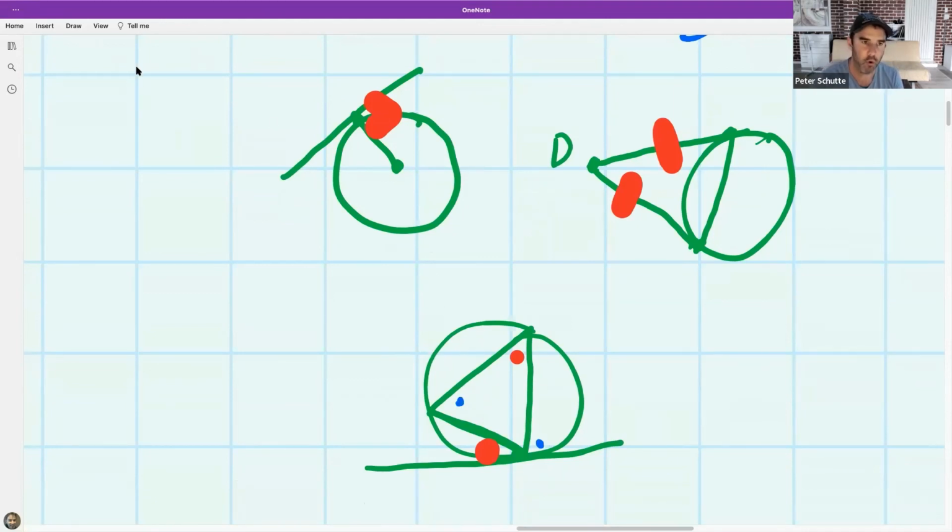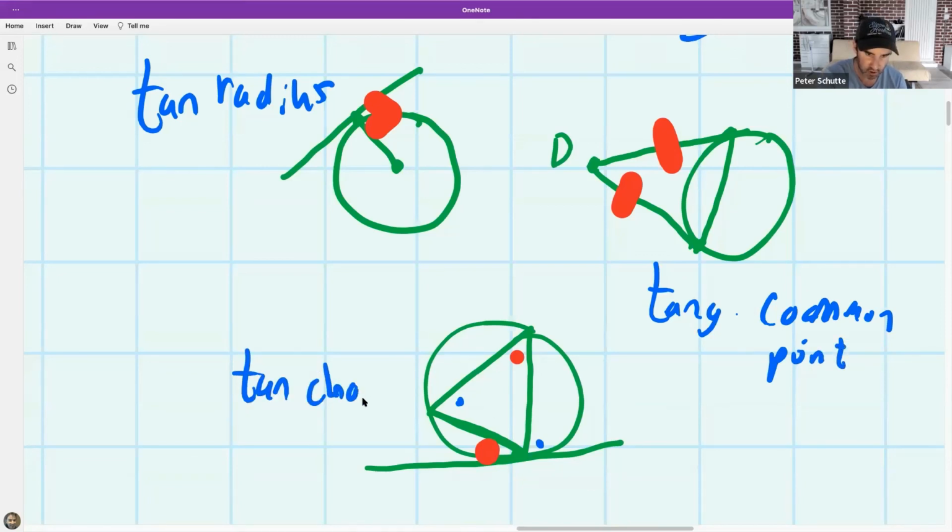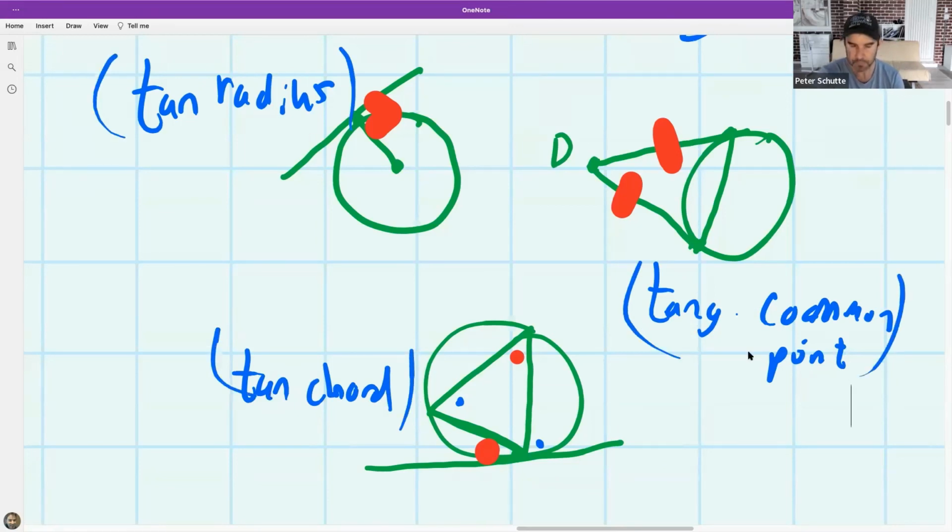And so this is called the tan radius fact or tan radius theorem. This is called tangents from a common point. And this is called the tan chord fact, which we will use in future lessons.